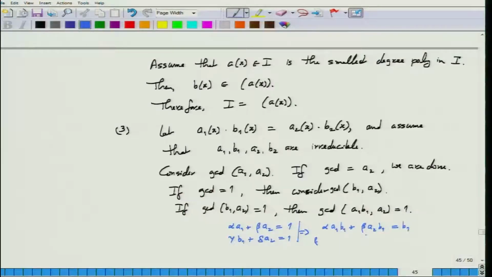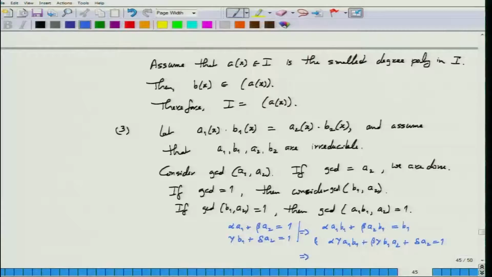And multiply this with gamma: alpha gamma A1 B1 plus beta gamma B1 A2 plus delta A2 is 1. Substitute B1 in this, you get this equation.